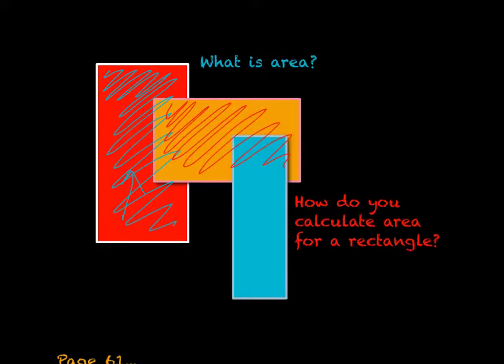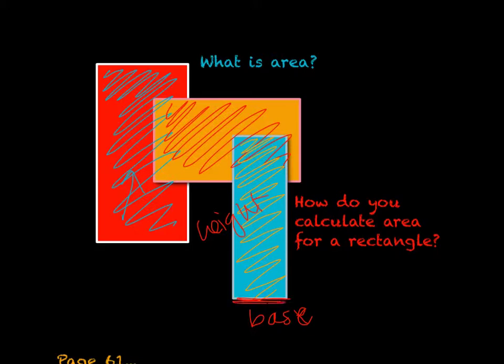And in order to find the area for a particular rectangle, we have learned in the past that the formula for a rectangle to find the area is base times the height. So depending on what that rectangle is for the base as well as how tall it is. So base times height is our formula for finding the area.